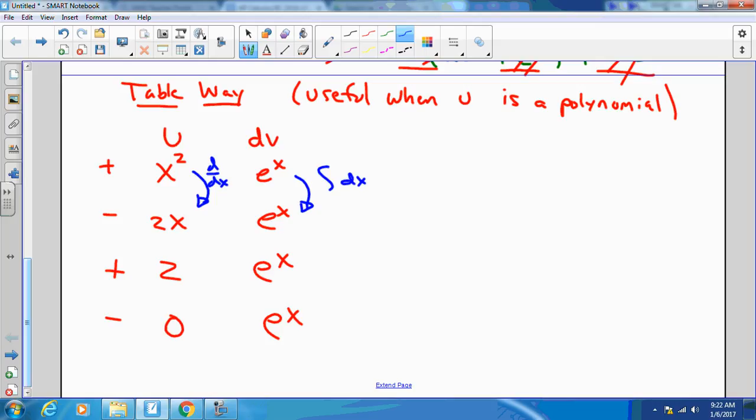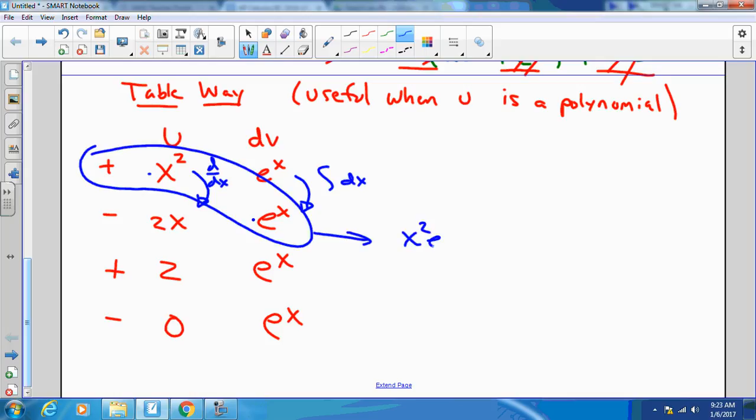Yep. Now, how do I generate my terms? Well, it's really easy. Here's the u, and here's the v. And each term for our iteration is generated by u times v. And so here it is. We have u times v is our first term. I usually don't circle them. I usually just go like this. There's my next term.